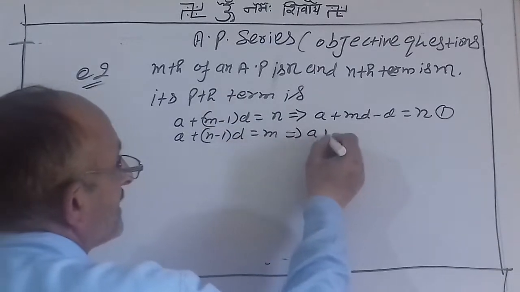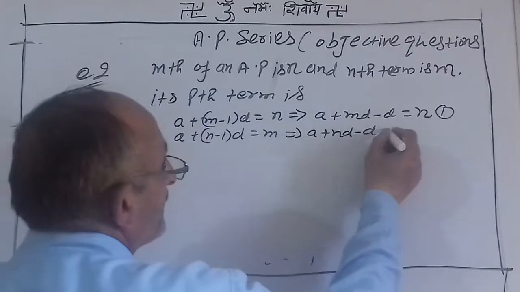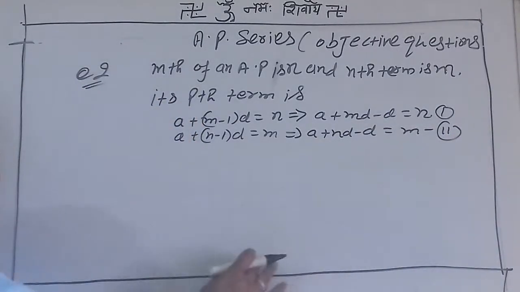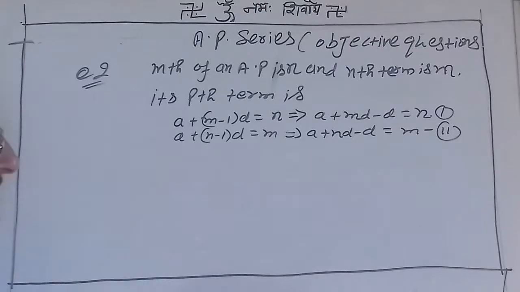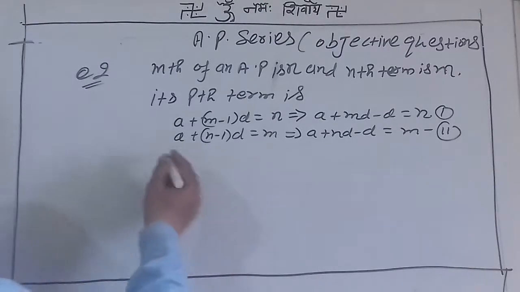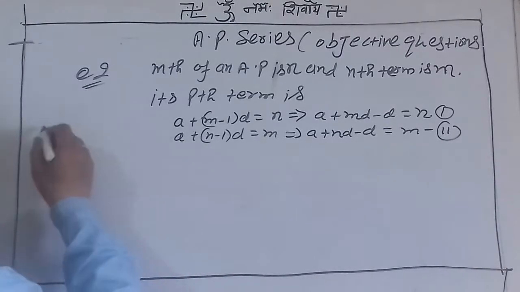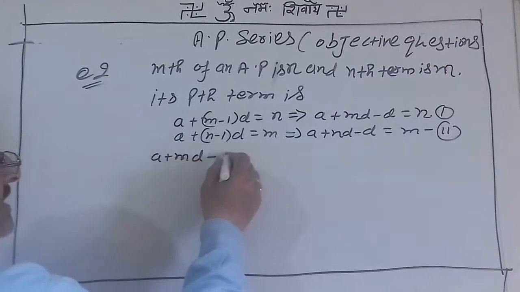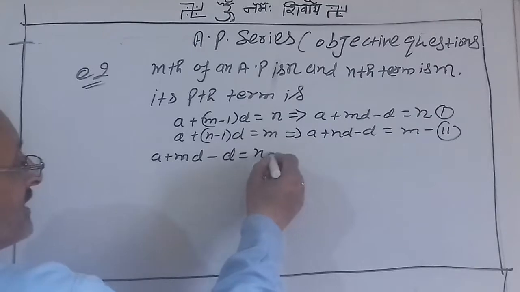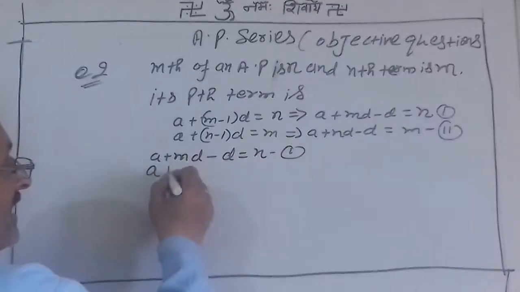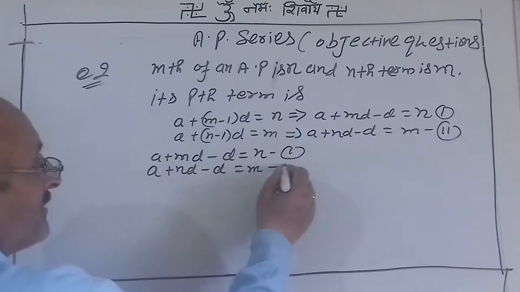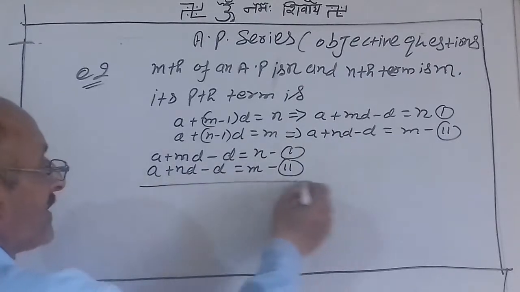This implies a plus nd minus d is equal to m. That is your second equation.